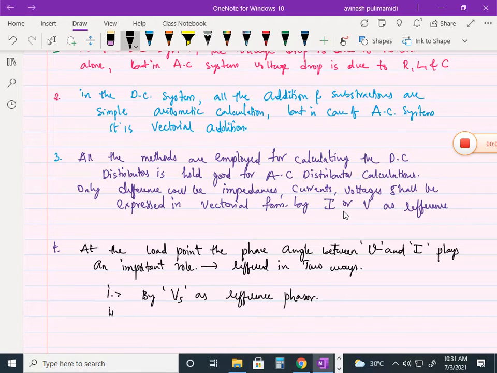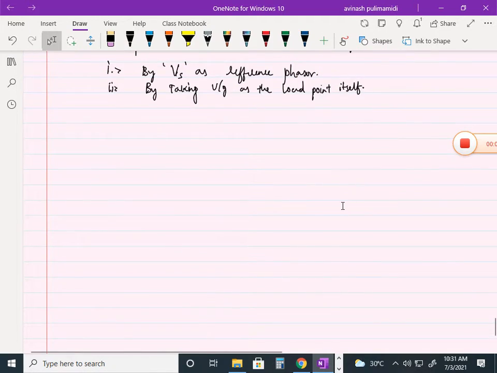Second is by taking the voltage at the load point itself as the reference. So these are the voltage calculations.